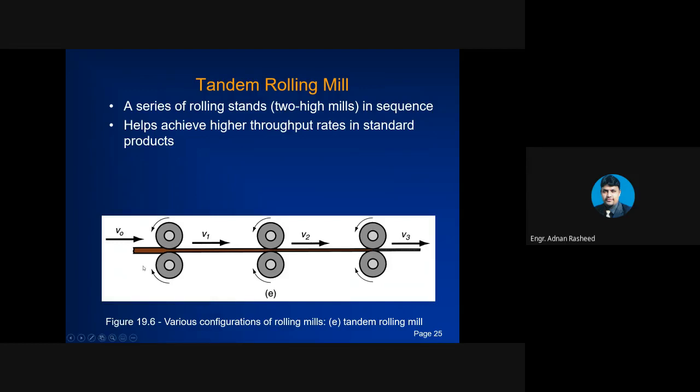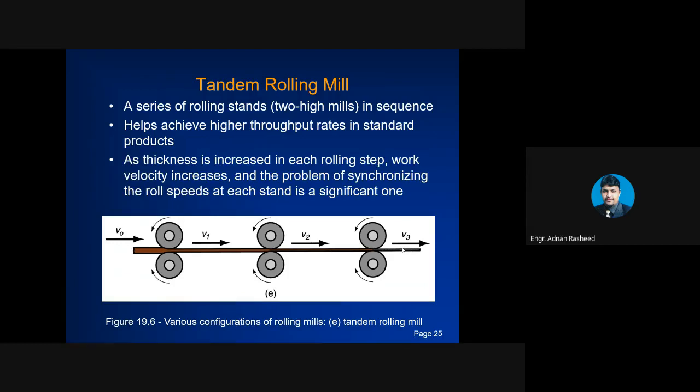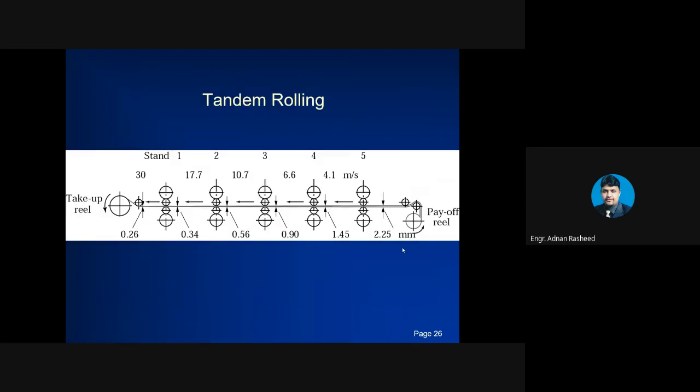So you can see that this gives you a smaller thickness, because the output is passed on to the next stand, and similarly you get a smaller thickness at each step. As the thickness decreases in each rolling step, work velocity increases, and the problem of synchronizing the roller speed at each stand is a significant one. This is an example of tandem rolling.